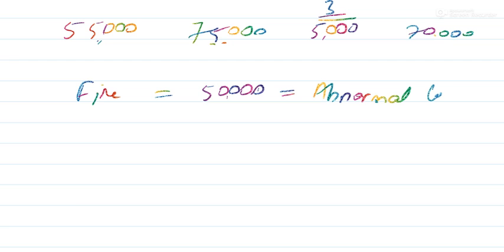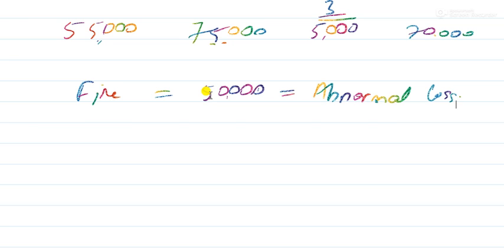Fire is obviously an abnormal loss. If the fire had not occurred, what would be my profit? 5,000 plus 50,000, 55,000, isn't it? Do you agree with me? If there was no fire in that year, then the firm would have earned a normal profit of 55,000. So just add 50,000 to the profit.